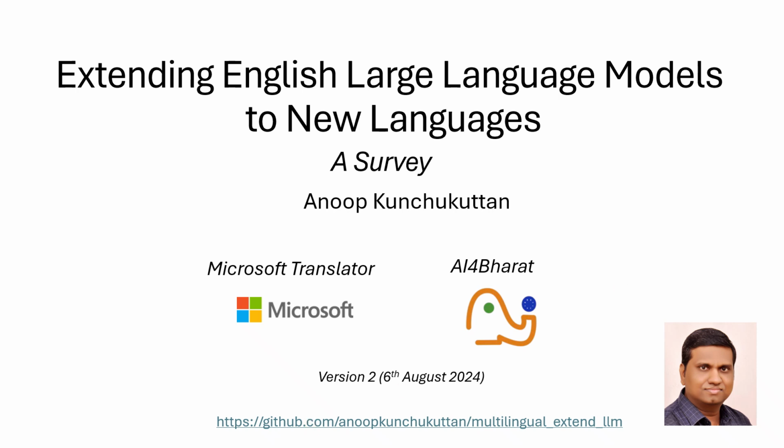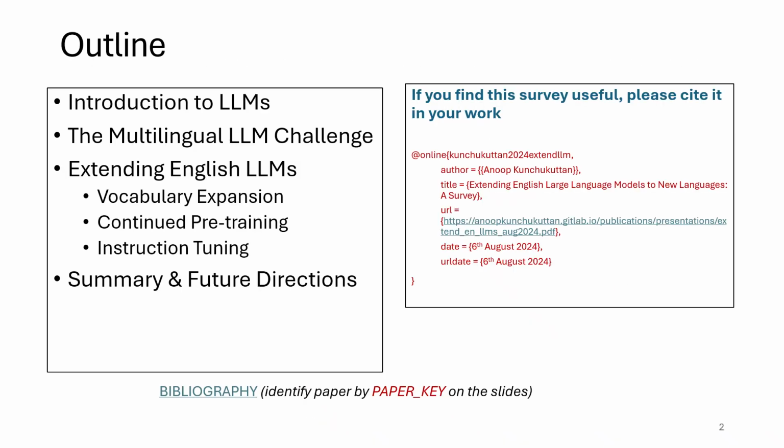So let's go over the outline of what we will cover today. First we'll have a small introduction to LLMs to set some context, and then talk about why building multilingual LLMs is a challenge. And then we'll cover the main part of the tutorial, which is about extending English LLMs to new languages. And we'll go over various stages of this process.